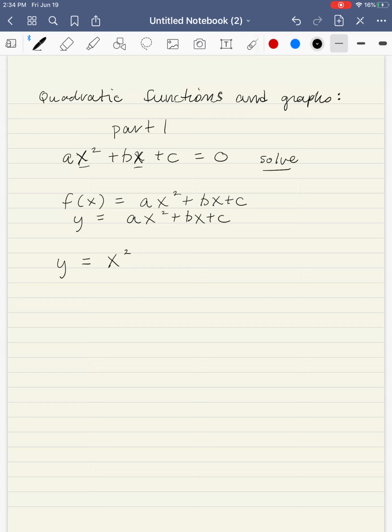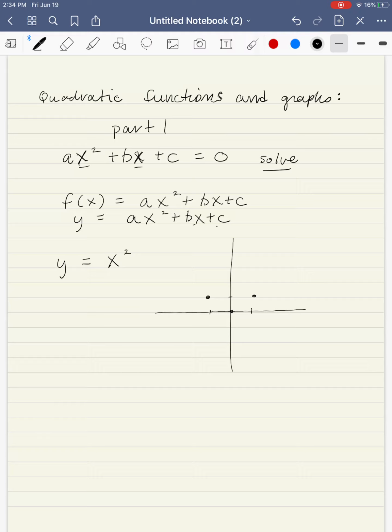Remember when we looked at our basic quadratic function, y equals x squared. That's where b and c were both equal to 0. And we saw that our graph was a parabola. I had 0, 0, I had 1, 1, and I had negative 1, 1.